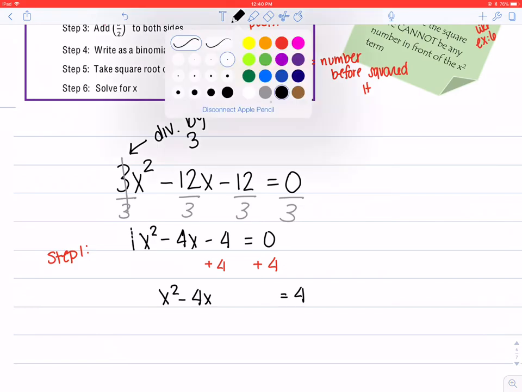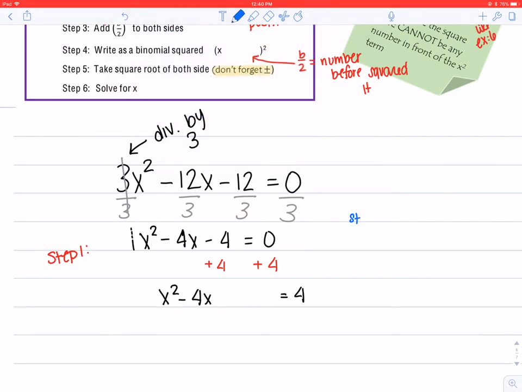Step 2 says working aside, find b divided by 2 squared. Well, here's b. Negative 4, so I've got negative 4 divided by 2 and squared. Those parentheses matter. Do what's inside first.